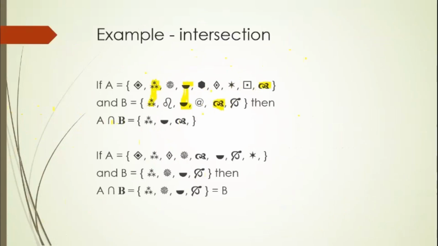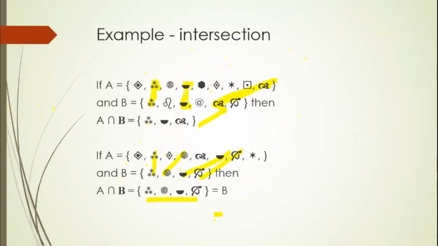Therefore, the intersection of A and B are these three symbols that we have here. Then for this example again, you would notice that these four figures or symbols are common to each other. Therefore, the intersection are these common figures.